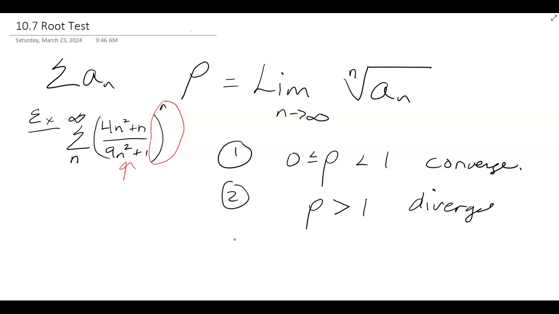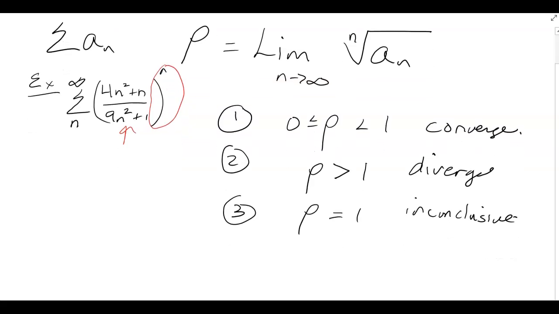Your entire series diverges. And, well, there's always that time when you don't know if it's converging or diverging. And if rho equals 1, it's inconclusive. And if it's inconclusive, well, you have other tests that you can try.